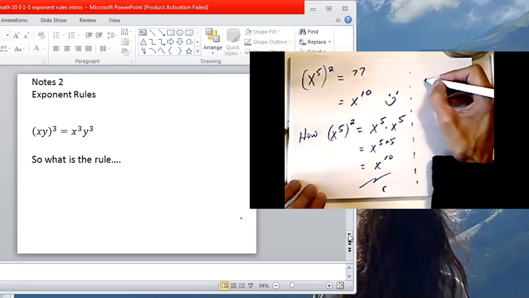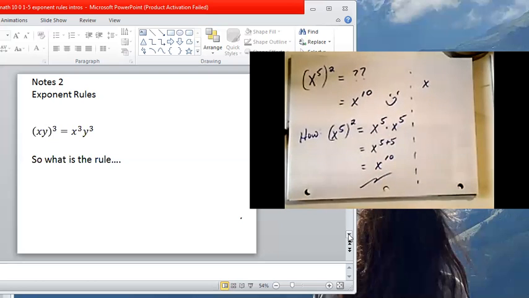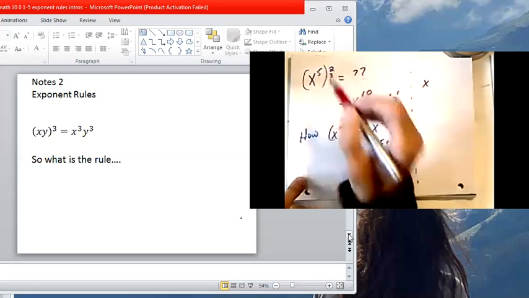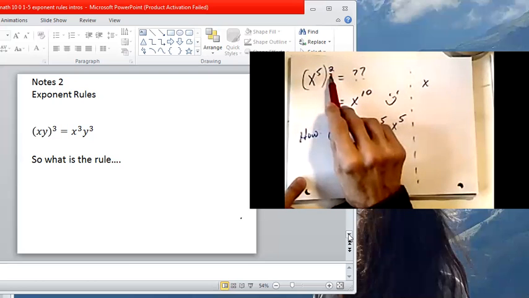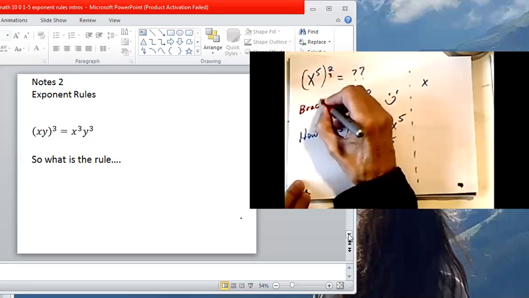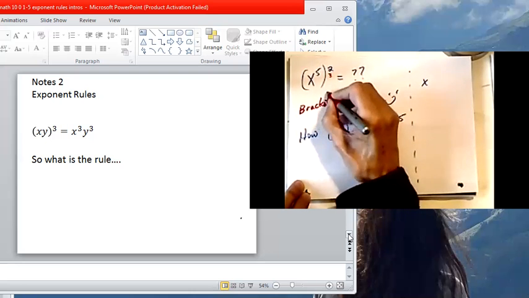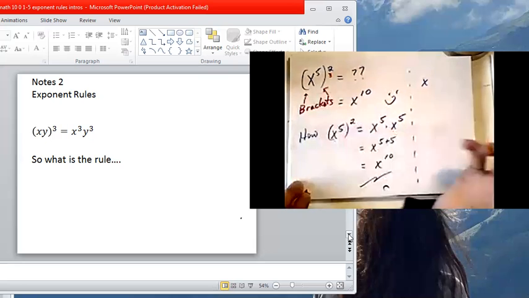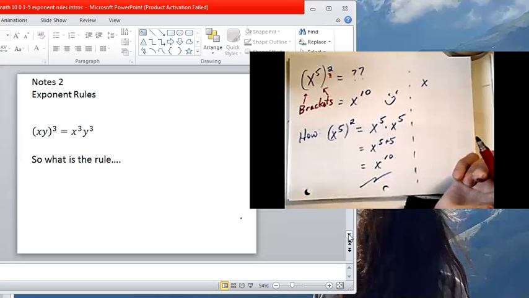The x to the 5 gets multiplied by that number. So the number outside the brackets is how many we multiply the x to the 5 with, right? Nice.